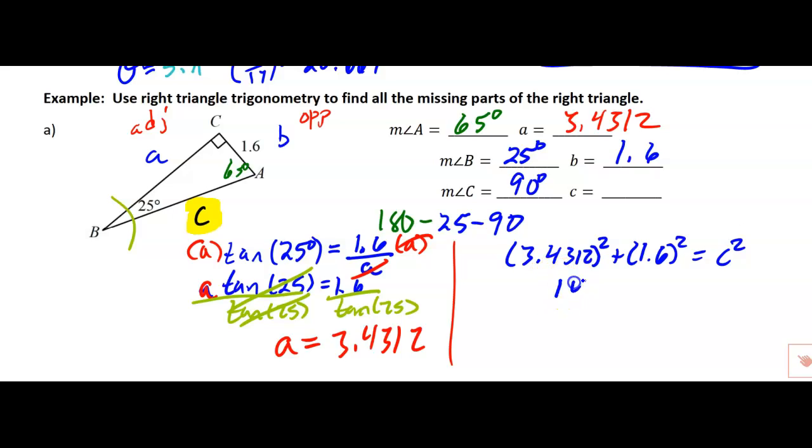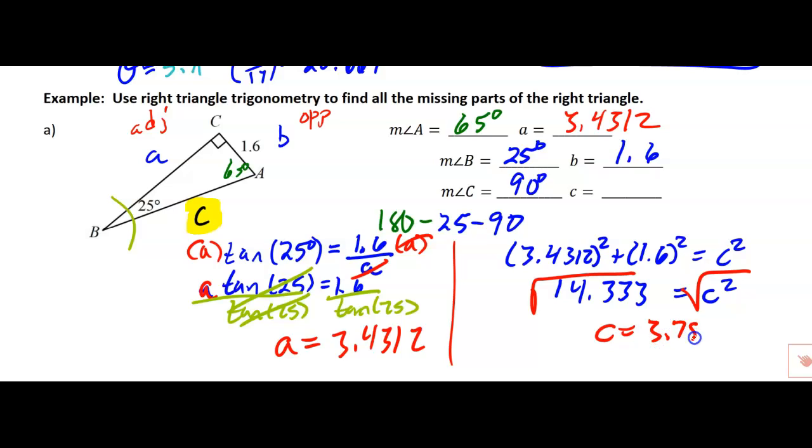So I got 14.333 equals C squared. Am I finished? Is that my final answer? No. Be careful, because when you use the Pythagorean theorem, everything is squared. That means before you finish, you have to do a square root in there somewhere.